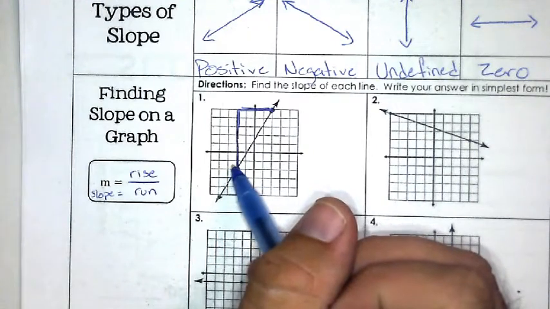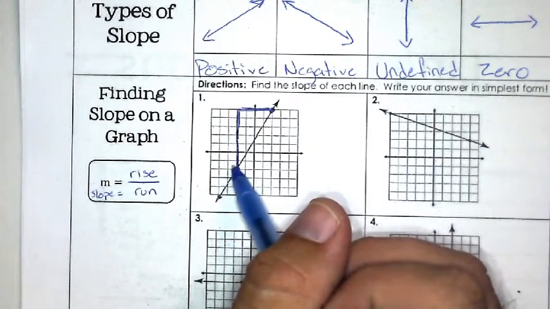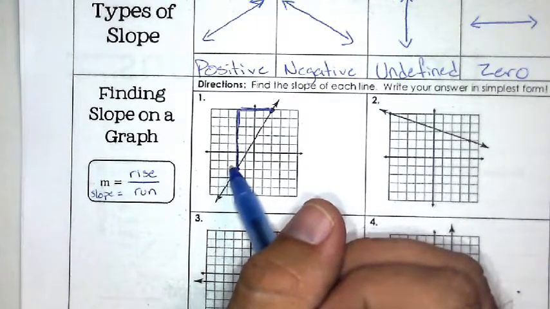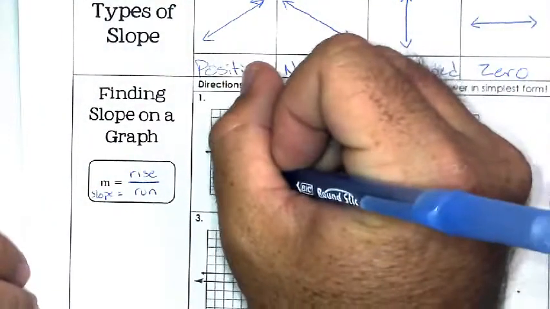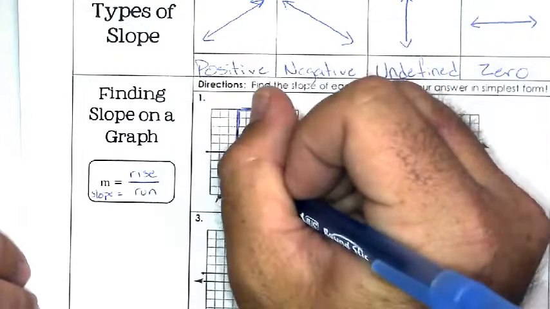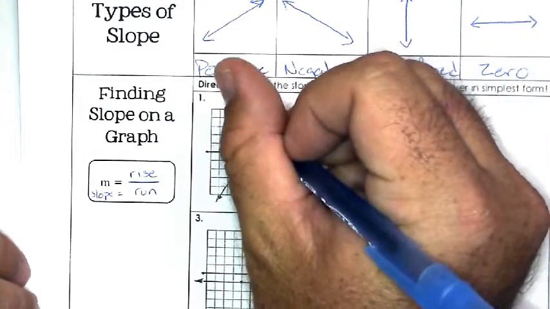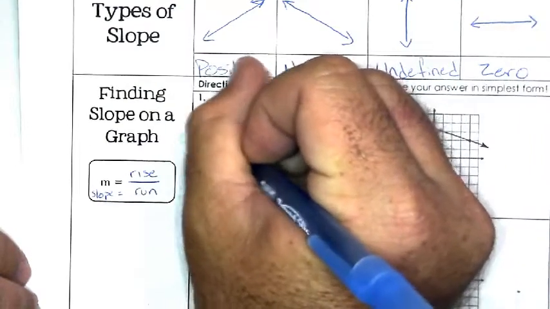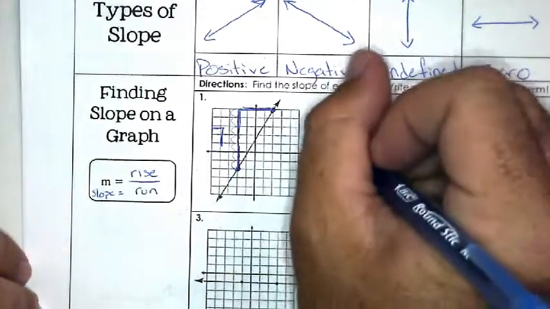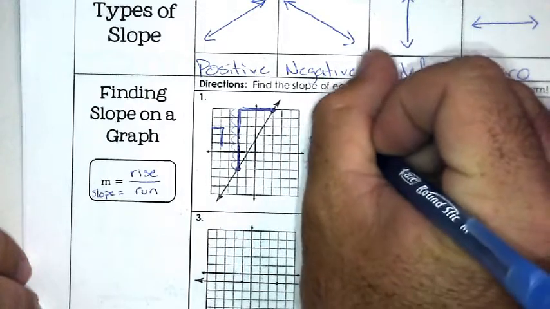Now rise, what do you think I'm doing when I rise? Do I go up and down, or do I go left and right? Up and down, okay? So in this situation, I go up on my right triangle. I go up 1, 2, 3, 4, 5, 6, 7. I go up 7, so my rise is 7.